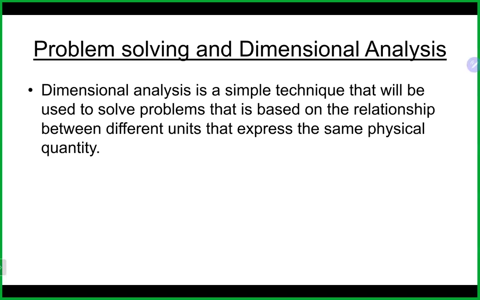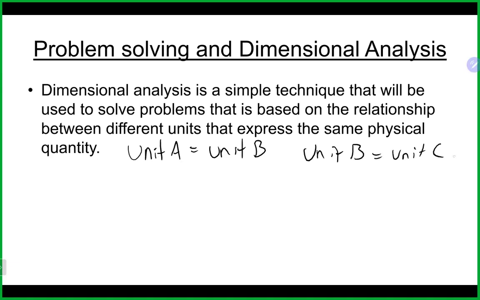So let's talk about using these conversion factors and dimensional analysis. And again, dimensional analysis is basically the process by which we do these type of problems. And it is through that idea that we have some type of equality, like unit A equals unit B equals unit C. And again, we want to set it up so that we can get rid of units.